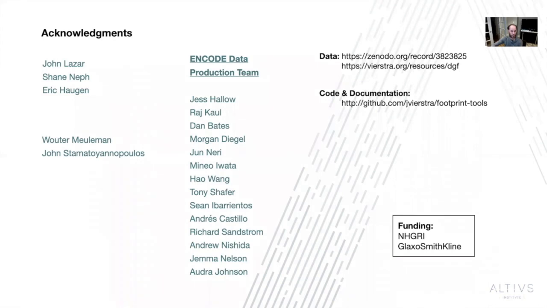I'd also like to specifically acknowledge the ENCODE data production team and the Institute for generating such fabulous DNase-1 data, and my two colleagues at the Institute, John Stamatoyannopoulos and Wouter Meuleman. I'd also like to reiterate that the data is available at both Zenodo and my personal website, and there's extensive code and documentation at GitHub. Finally, I'd like to acknowledge our funding sources, the NHGRI ENCODE project, and a charitable donation from GlaxoSmithKline. Thank you.